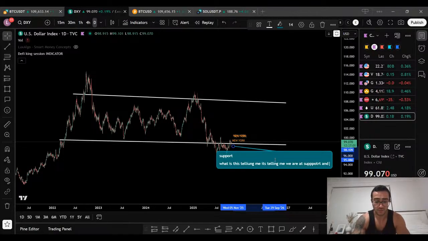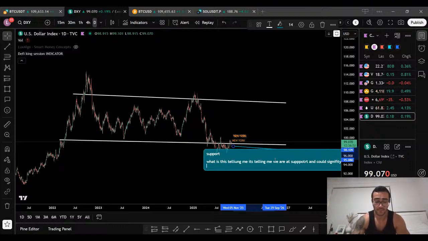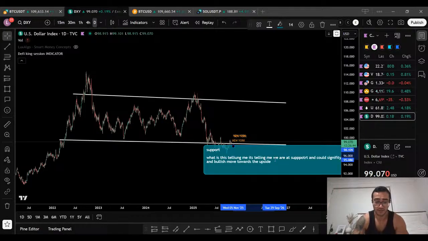It's telling me we are at support and could signify a bullish move towards the upside, but what does this say for Bitcoin?